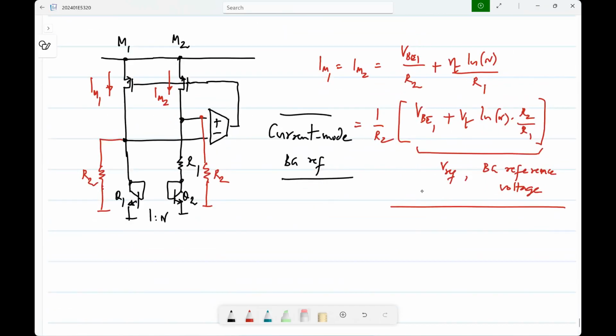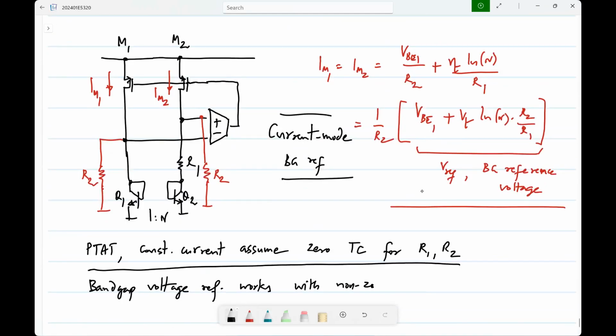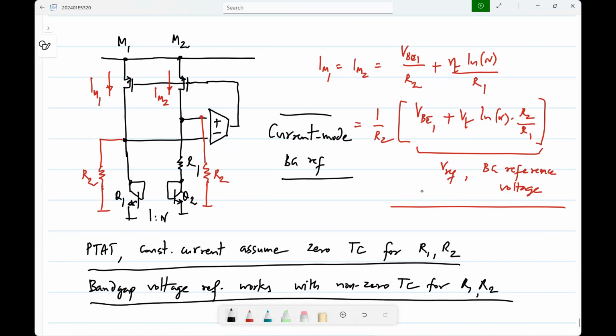The current reference assumes 0 TC for the resistors, whereas the band gap voltage reference works with non-zero TC for the resistors because they just cancel out. You're only dependent on the resistor ratio.